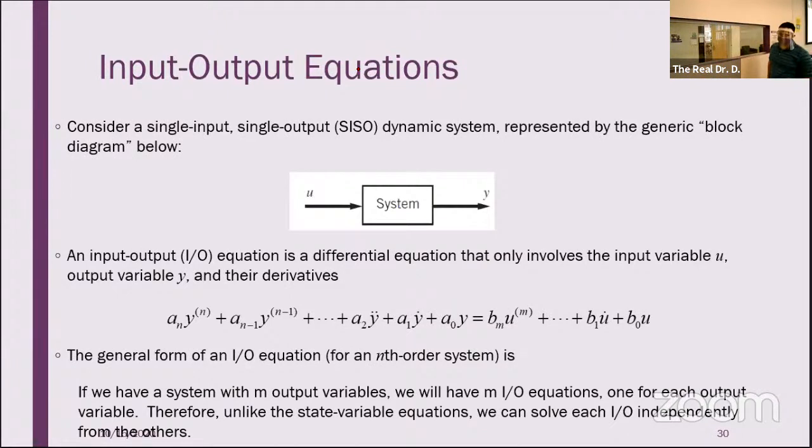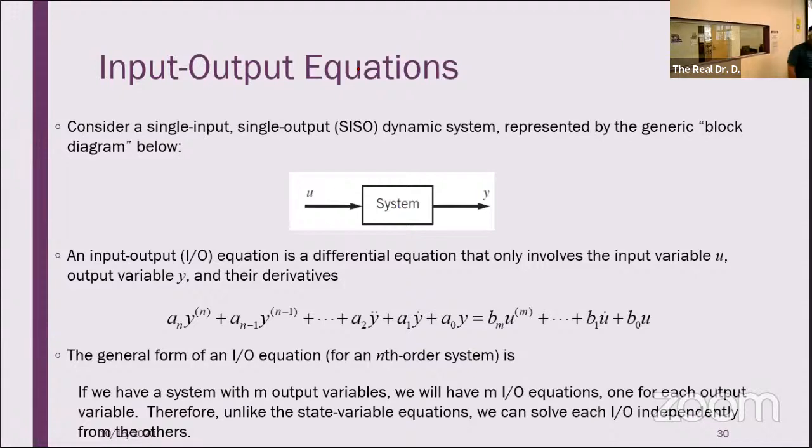The IO equation is a differential equation that involves the input variables and the output variables and their derivatives, right? Which is exactly what we've been doing, right? It's not different than anything we've been doing. What is different is the way that the book tells you to write it. And we'll get there in a second, right? Right there, what we have, that equation is the general form of an IO equation for an nth order system.